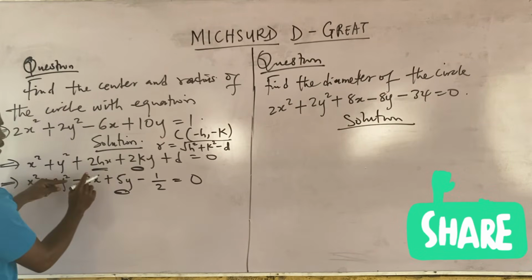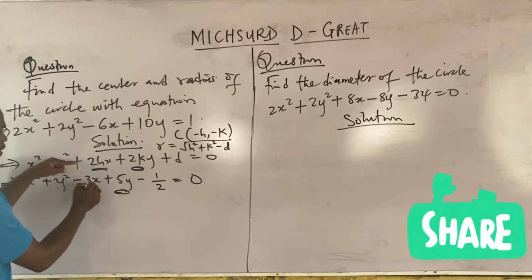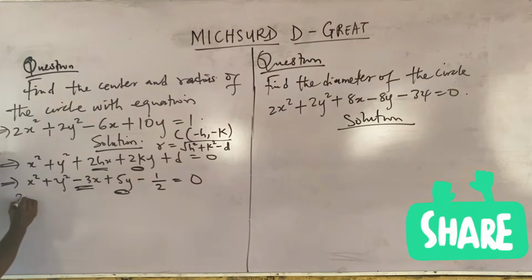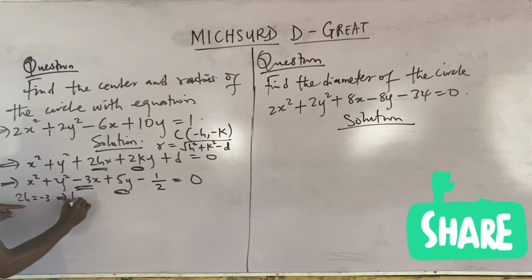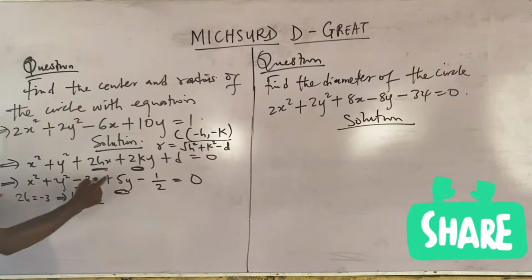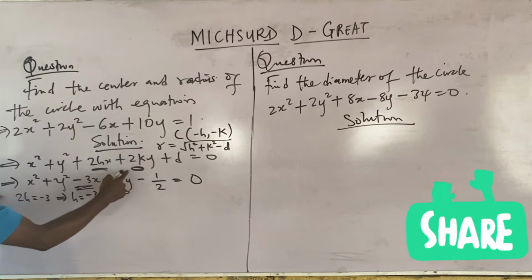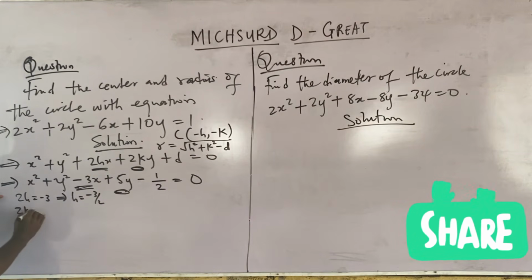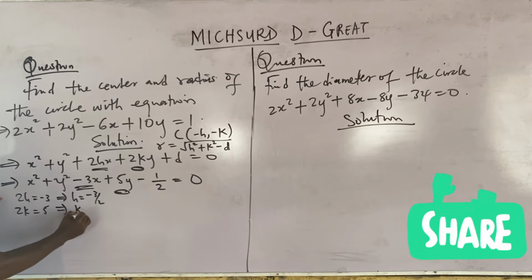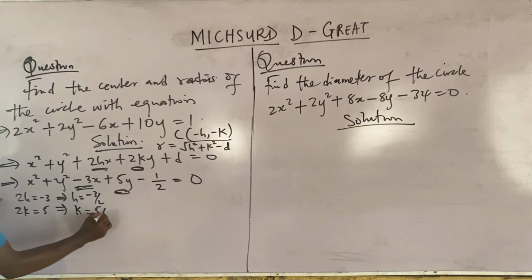So if we compare, you will see that x, we cancel out x, our 2h will be equal to minus 3, which implies that h is equal to minus 3 over 2. And from here also we compare y, we cancel out y, so we see that 2k is equal to 5, and that means that our k is 5 over 2.